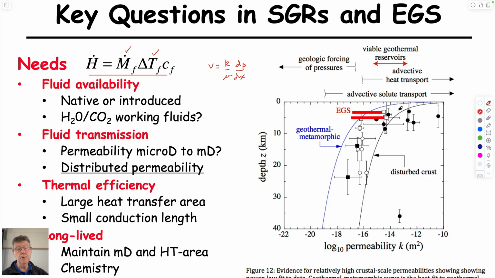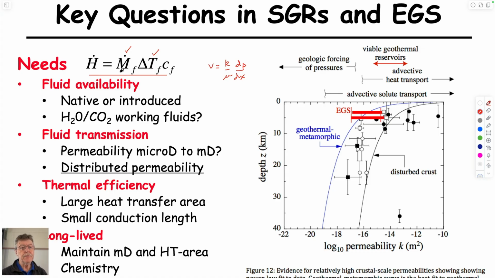Permeabilities are typically very small, so constraints on crustal permeabilities in the middle of crustal areas vary from something like a Darcy, which would be 10 to the minus 14 meters squared, or rather vary from a micro Darcy, 10 to the minus 18 meters squared, and to get them to flow for geothermal rates, you need to maybe change those by 3 orders of magnitude.